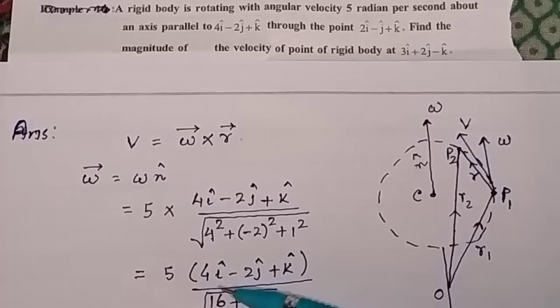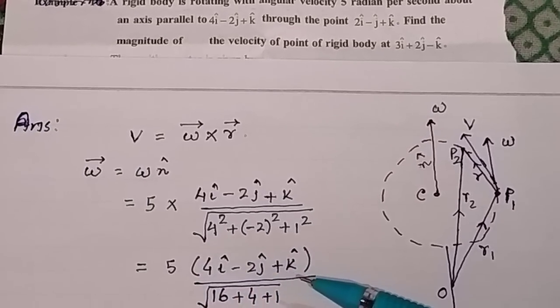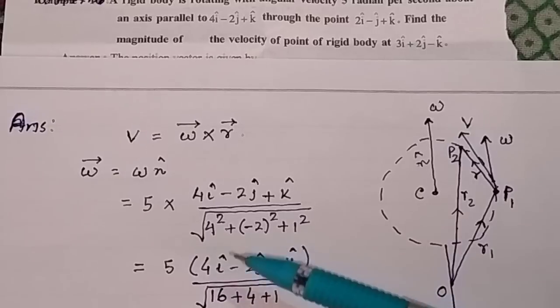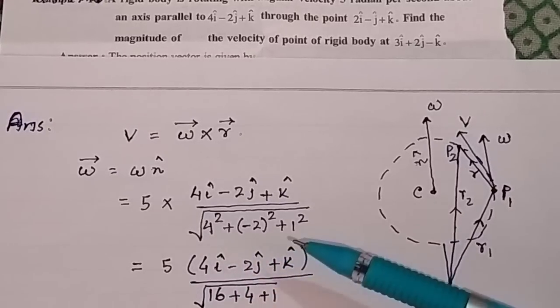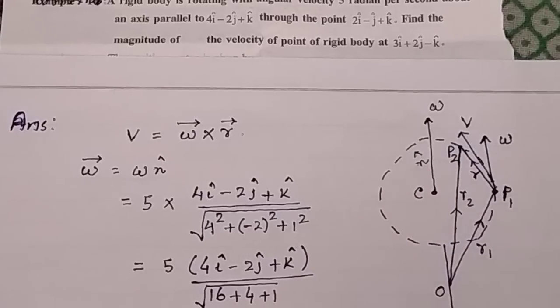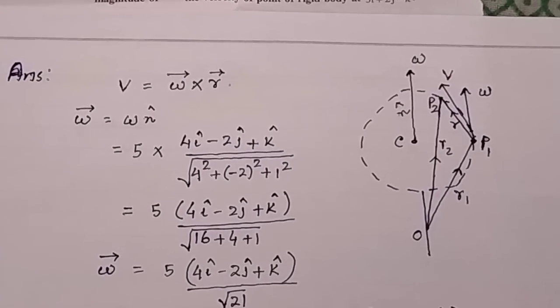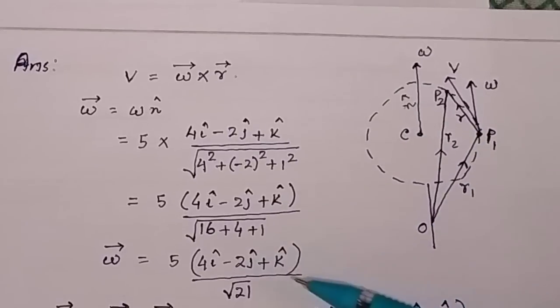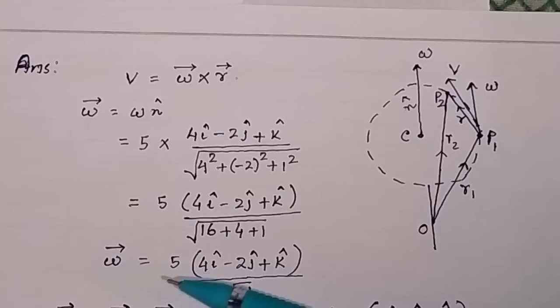So that is equal to 5 into 4i cap minus 2j cap plus k cap divided by square root of 16 plus 4 plus 1. So you can calculate, omega is equal to 5 into 4i cap minus 2j cap plus k cap divided by square root of 21. In this way you can find out the angular velocity.